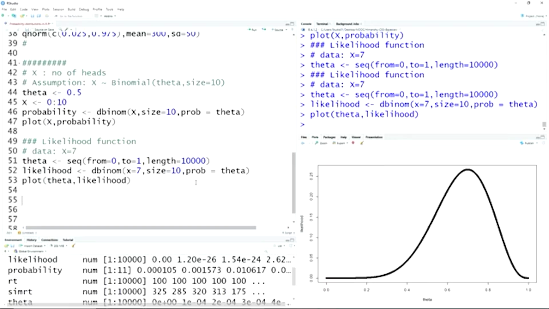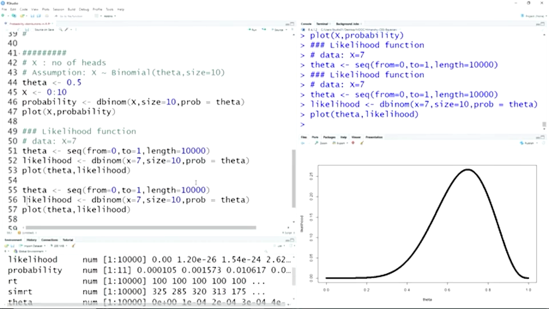All right. There is one more interesting thing you will see here: what happens if you increase the sample size? Rather than tossing the coin 10 times, let's say you toss the coin 100 times. So what happens when you increase the sample size?